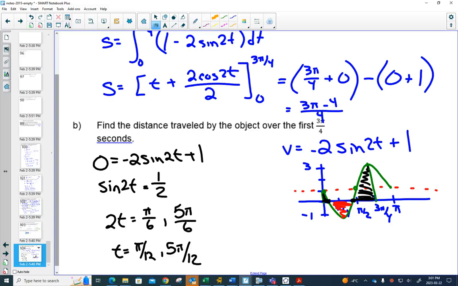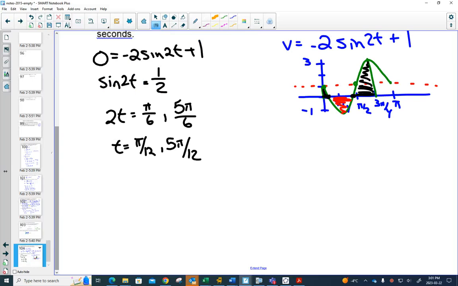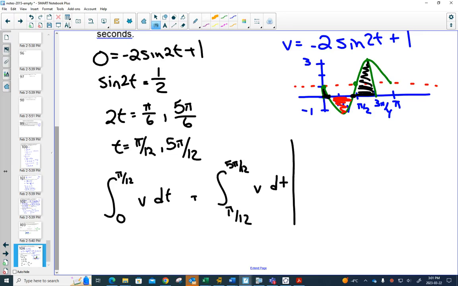So our distance formula, again, if we didn't have a calculator, would say we would go from 0 to pi over 12 of v dt. This part is going to be positive, plus we do the integral from pi over 12 to 5 pi over 12 of v dt.